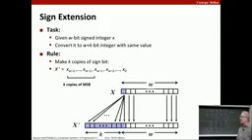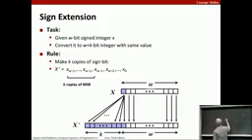So that's the idea of sign extension, and you'll see that a lot in bit patterns, especially if you see a bit pattern that starts with a bunch of F's. Remember, F is just 4 ones.